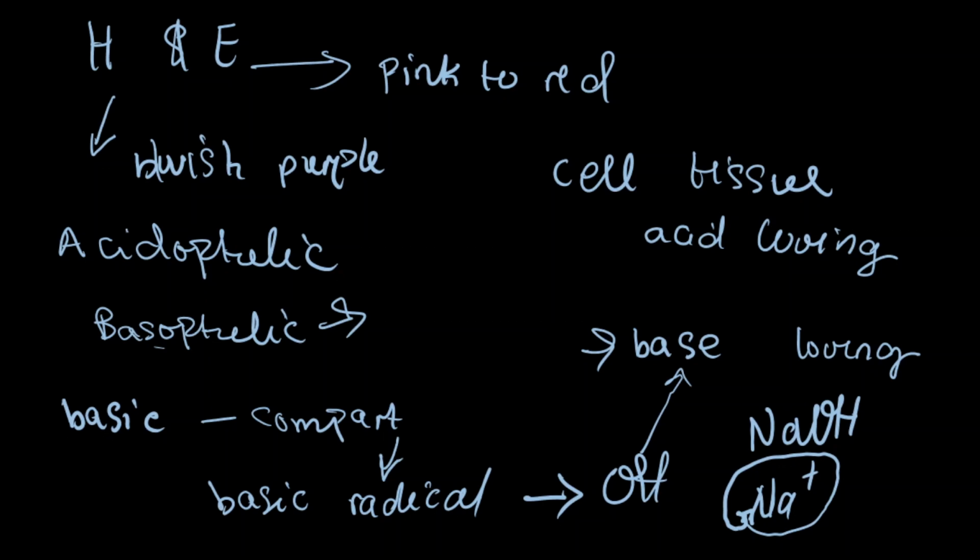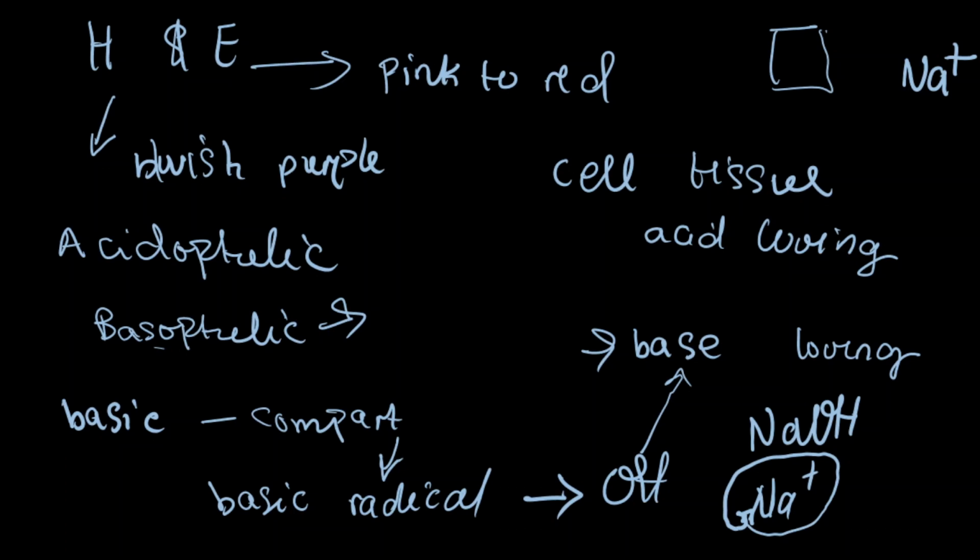Given a tissue component that is basophilic, because it is colored by a basic stain, the color imparting component of the basic stain is a basic radical, such as sodium ion. Now, sodium ion is positively charged.